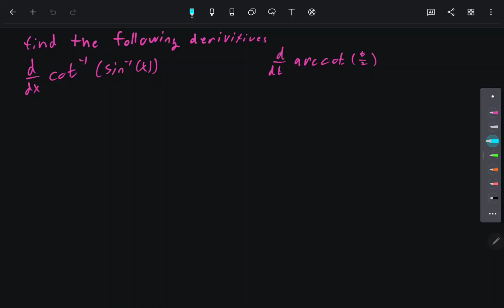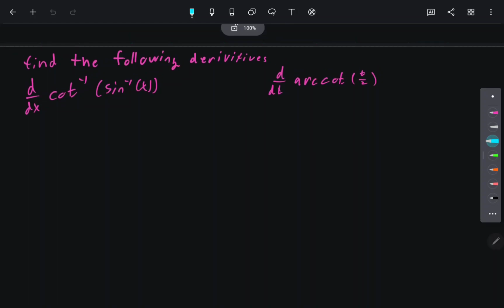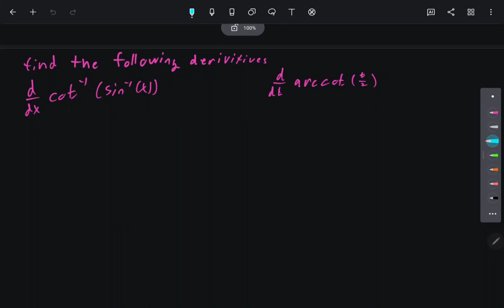The derivative, this is going to be a messy mess. We are taking the derivative of cotangent inverse of sine inverse of x. So, what is this going to look like? Well, to start out, we take the derivative of the outside function, cotangent inverse of sine inverse of x with respect to sine inverse of x.